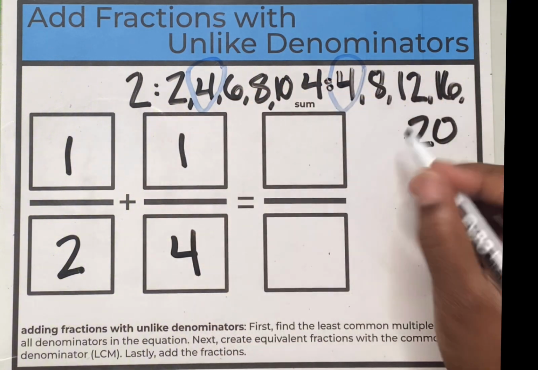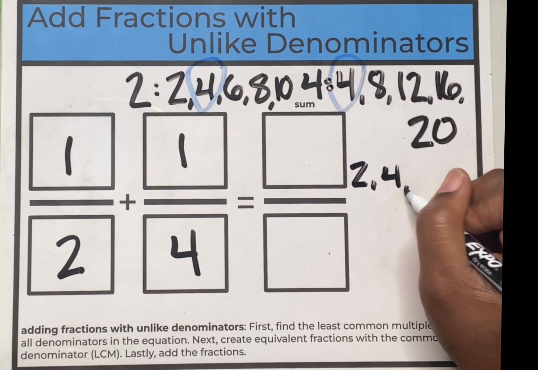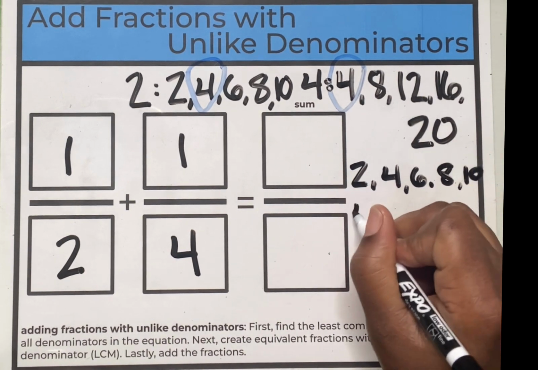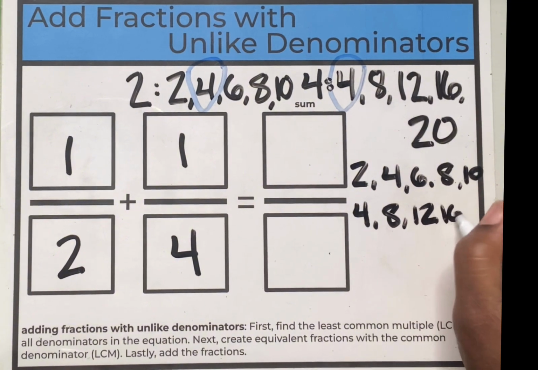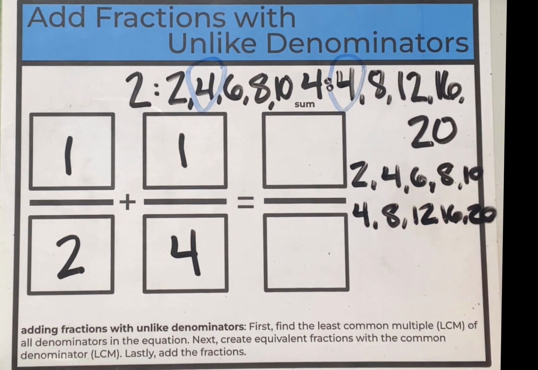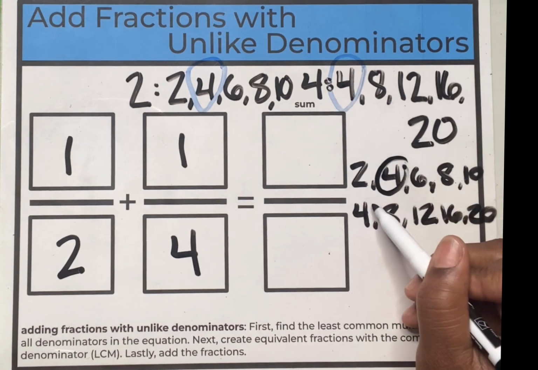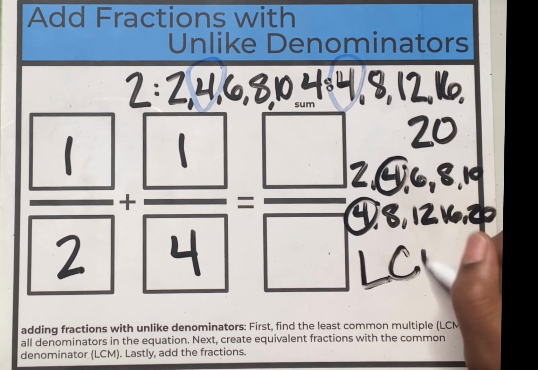Hey, this looks a little messy, so let me write it this way. 2, 4, 6, 8, 10, 4, 8, 12, 16, 20. Okay, there we go. So up and down, you see right here that 4 is going to be our LCM.